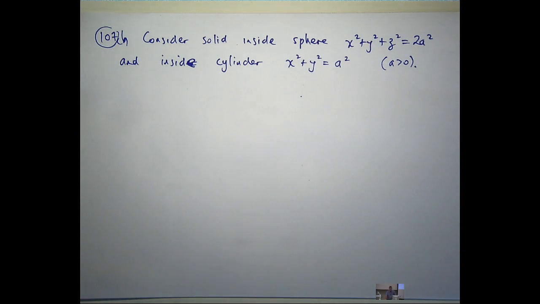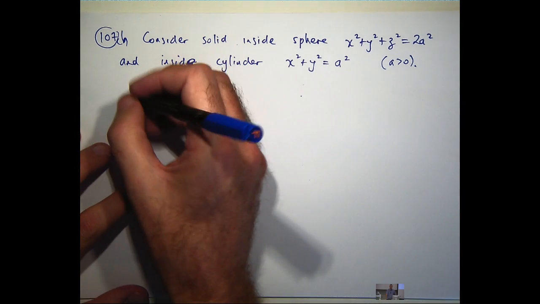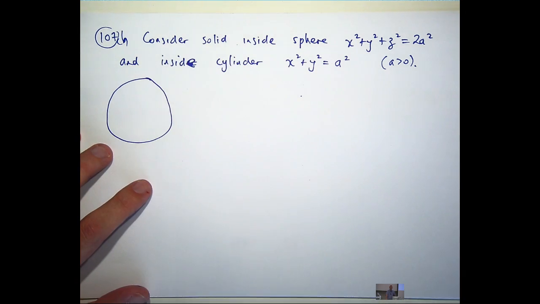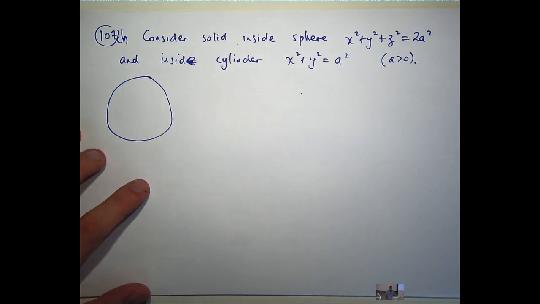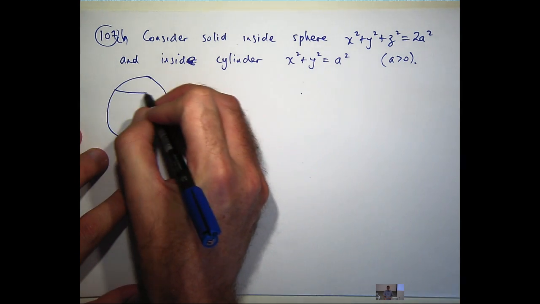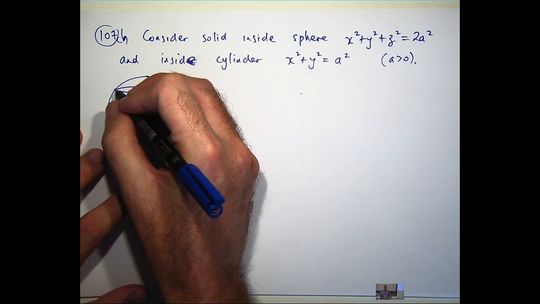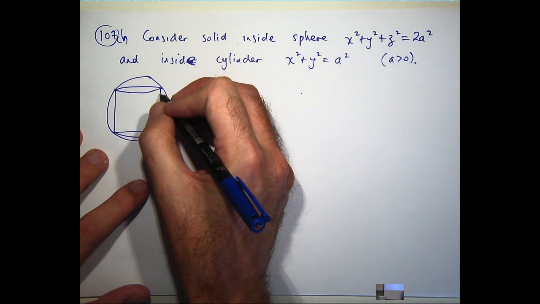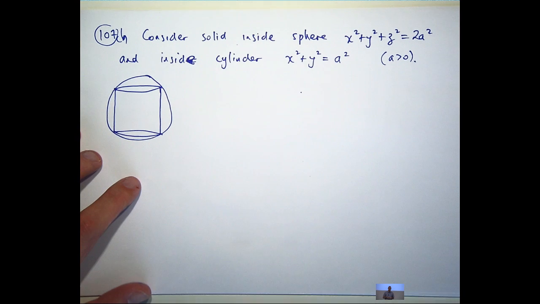Okay? You've got some sort of badly drawn sphere. And inside that, you're putting in some sort of cylinder. Okay?